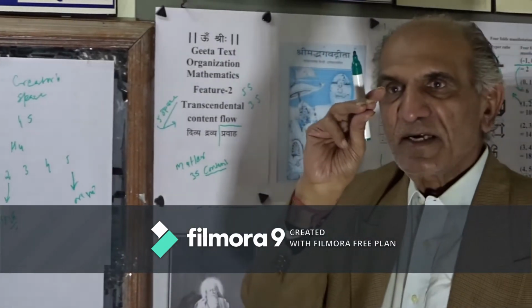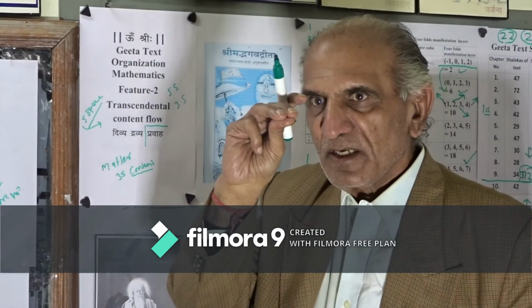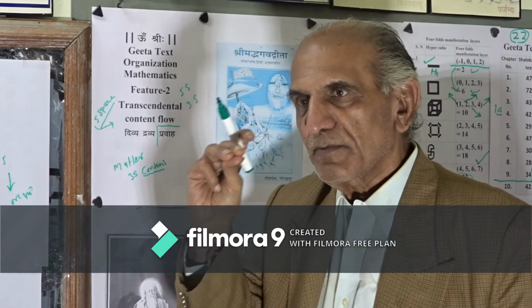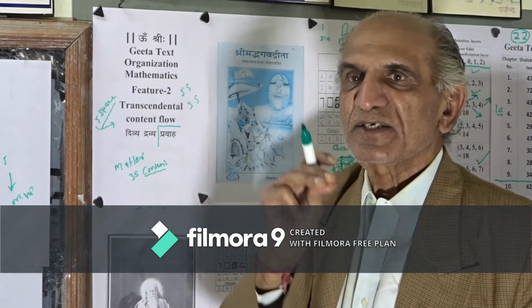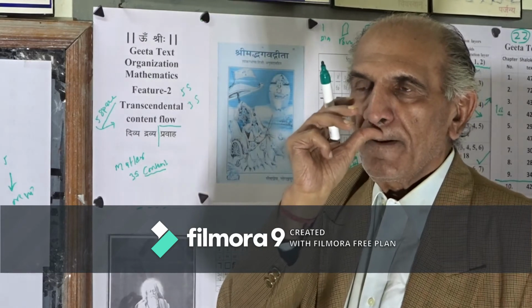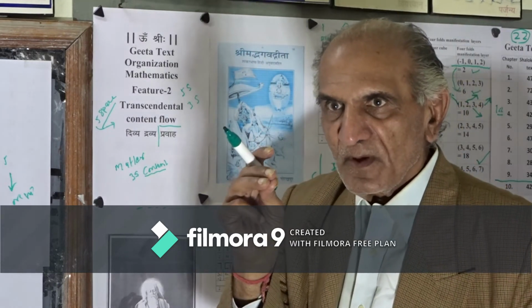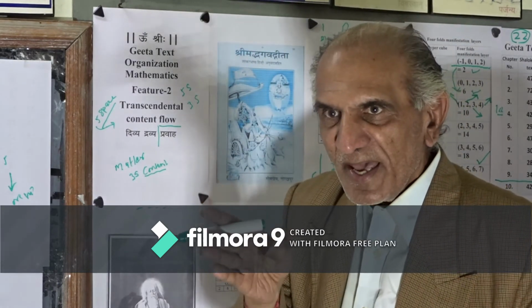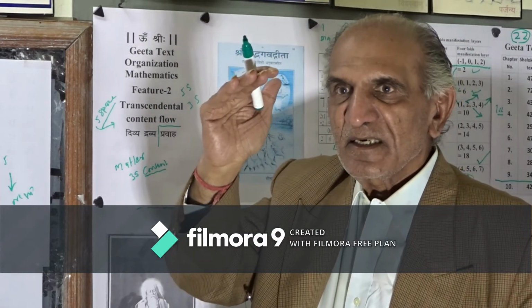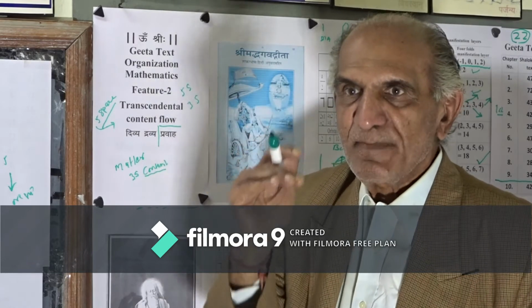Therefore, let us mention that the organization of the text of Srimad Bhagavad Gita takes us to the comprehension of the middle position of a sun. Sun is given a middle placement.